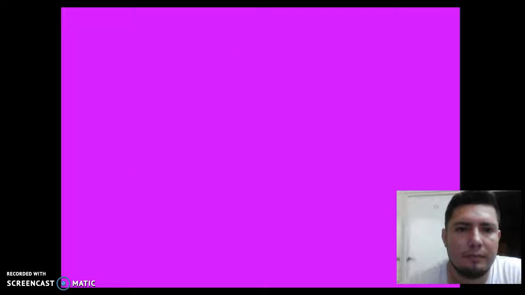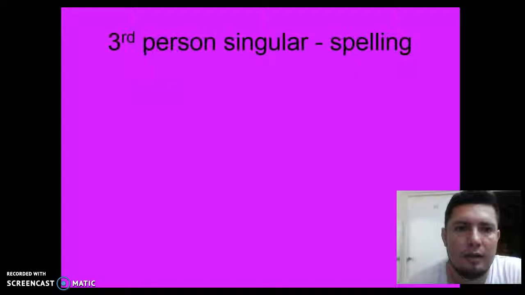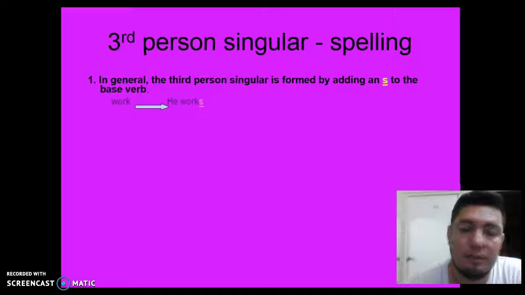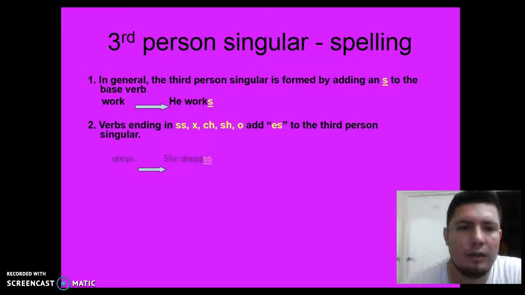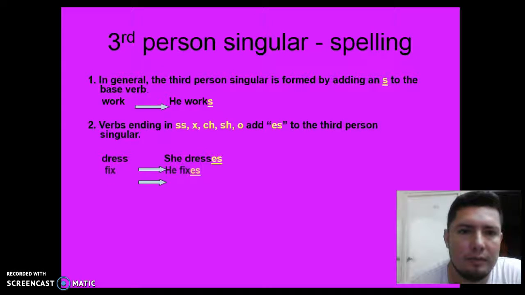Then the teacher is going to involve the students in the specific terms of this present tense. So explaining the third person singular.